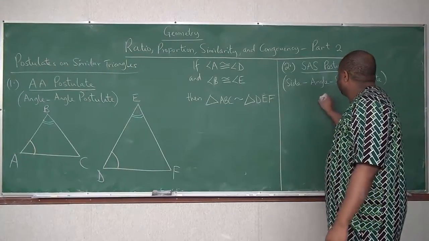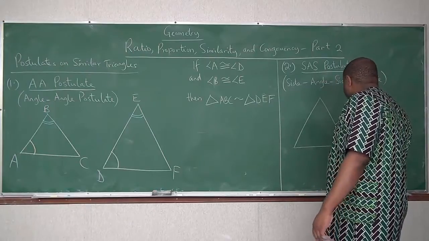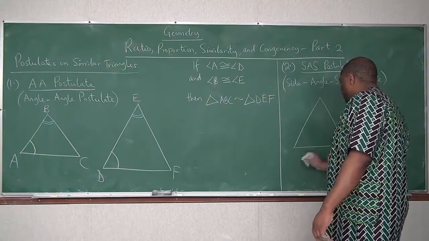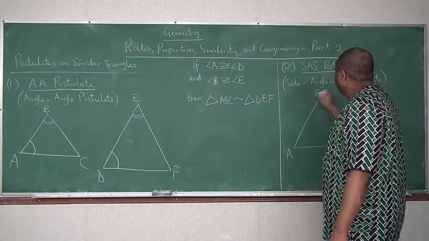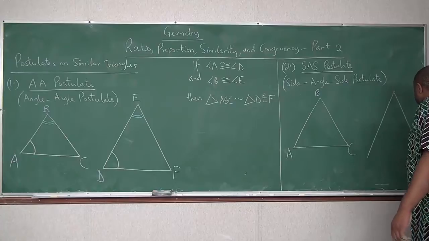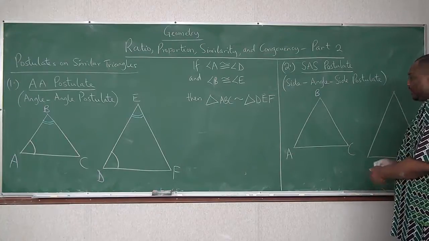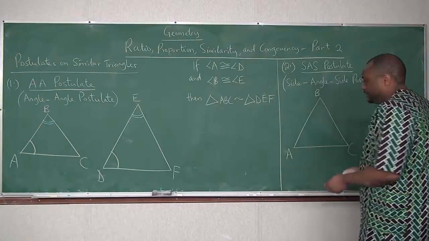So let's draw this. I'm going to use ABC. Now keep in mind that they can twist this. The main thing is for you to understand how it works. And don't worry, we shall solve questions. We shall solve ACT questions on these postulates.